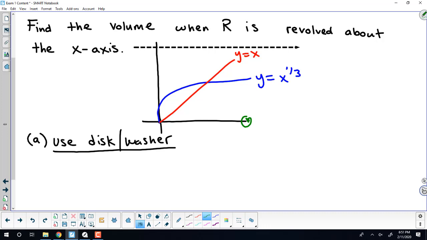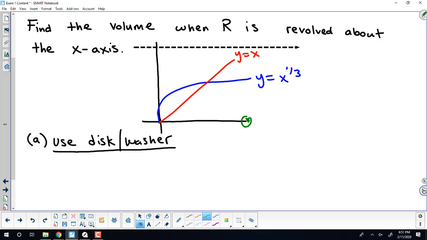The function that was on bottom is now on top with respect to the new axis you're revolving around.